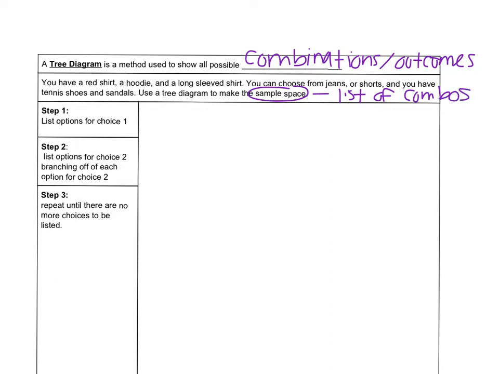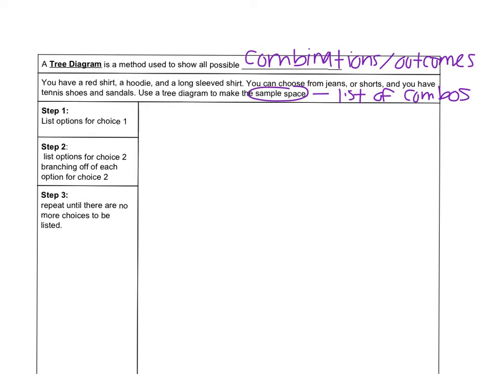Okay, so step 1, list options for choice 1. My first option was the combinations for my shirts. So let's call red shirt R. Let me get my list ready.